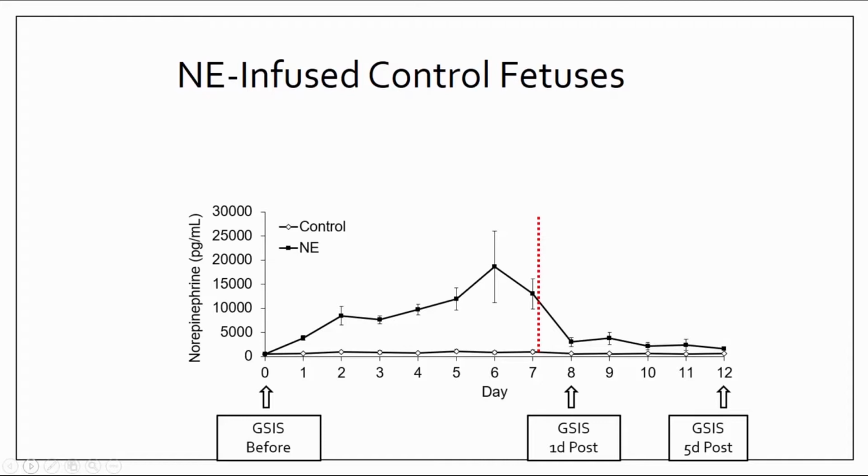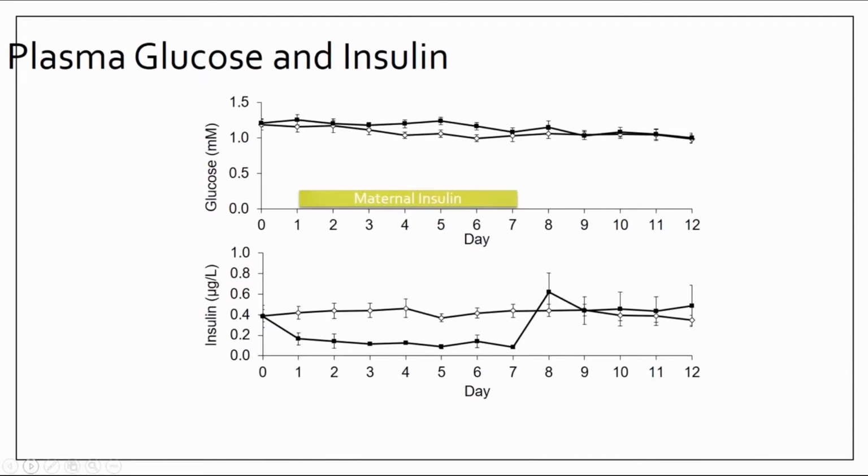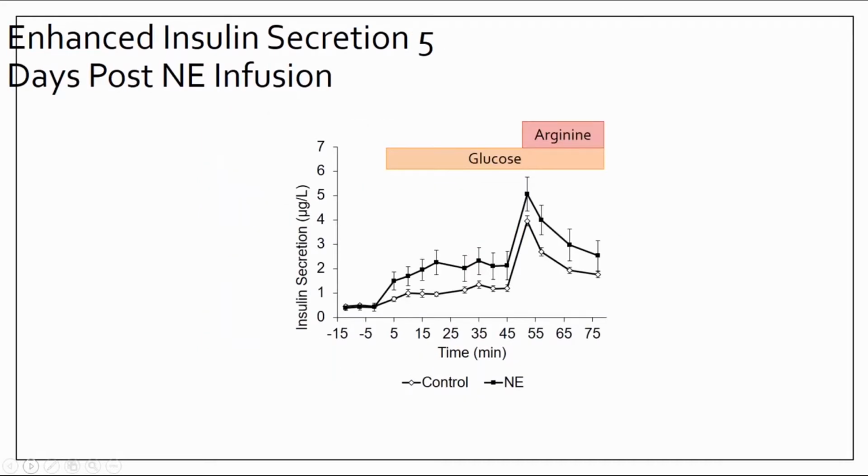Now, I don't want to get bogged down in all the details because we have published this. But if we perform our square wave hyperglycemic challenge, or a follow-on arginine bolus during that challenge, to look at glucose-stimulated as well as arginine-stimulated insulin secretion, what we see in the norepinephrine infused fetuses, 5 days after stopping that infusion, is a hyper-responsiveness of about 2-fold compared to the controls at the same time.